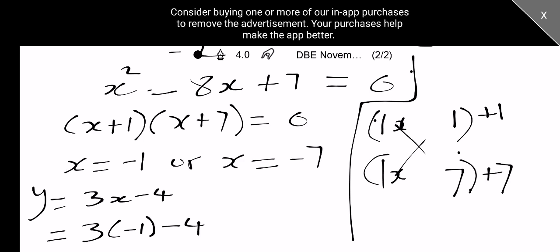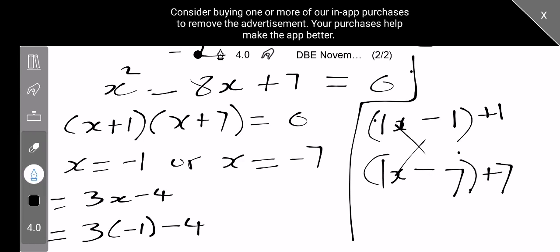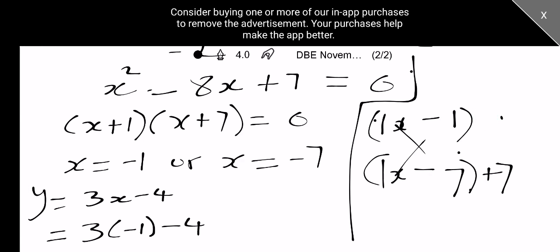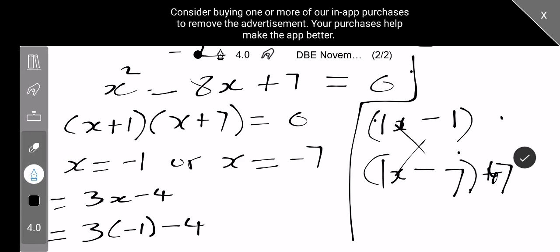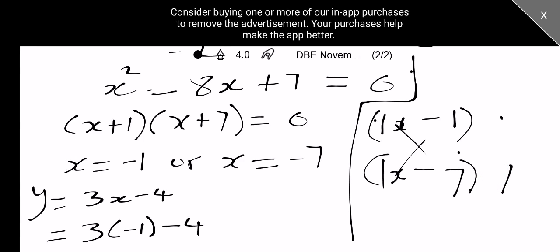What determines which sign is the middle term, which in this case is -8. So it's negative negative. I'm not going to waste time here. So it's -1, -7. If you add these up, -1 plus -7 gives you -8.